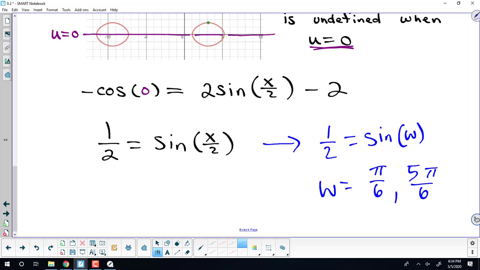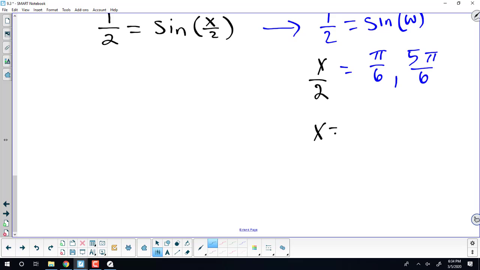If that's the sine of w, our w is x over 2, so you can just make that replacement. Multiply those by 2 in order to get what x is equal to: 2 pi over 6, and 5 pi over 6 times 2.